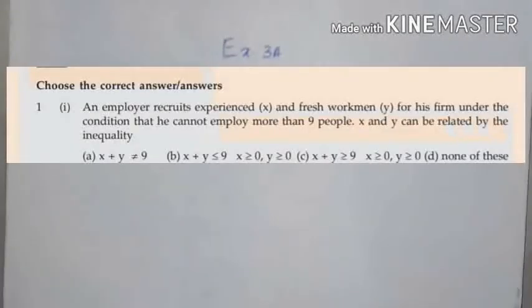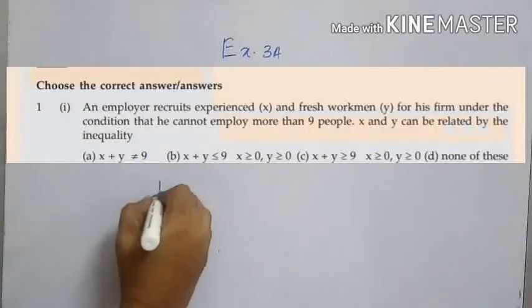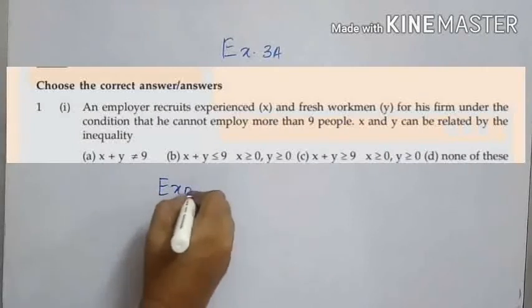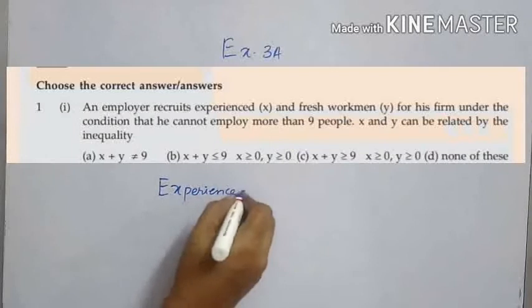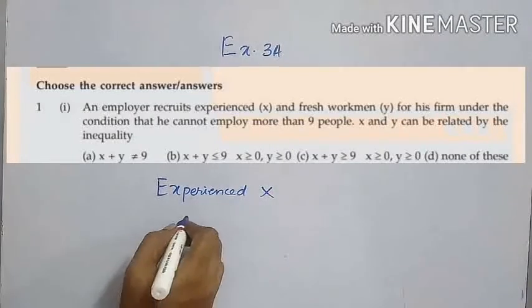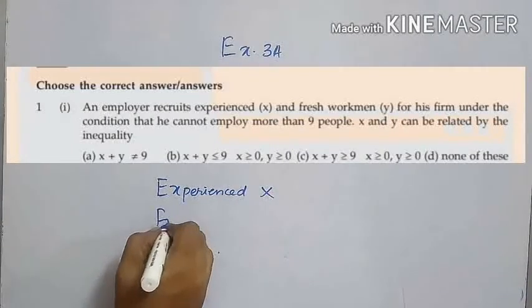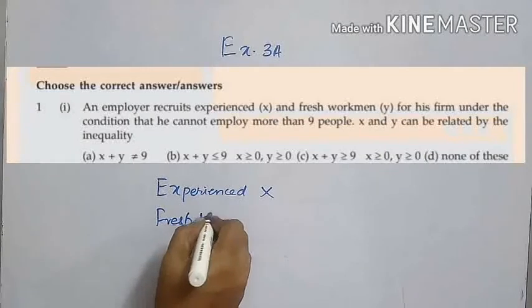The first question we have here is, an employer recruits experienced and fresh workmen for his firm under the condition that he cannot employ more than 9 people. X and Y can be related by the inequality.